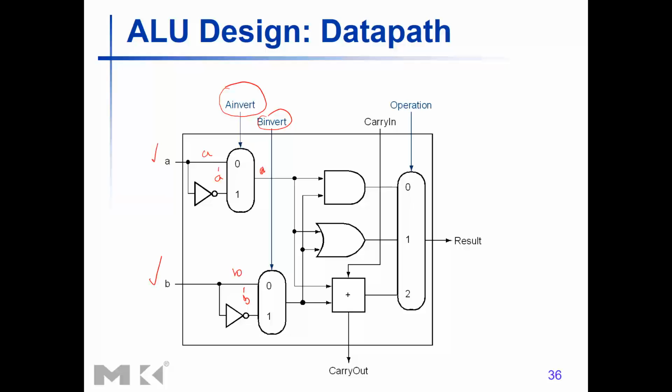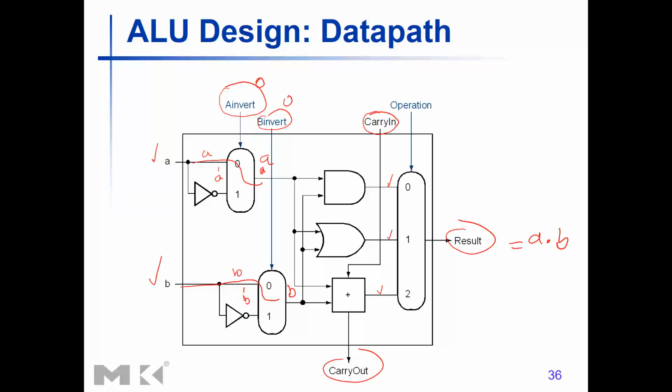We can AND the operands, OR them, or go through an adder, where the carry in is an input and the carry out is an output. The result we can choose as the output of an AND gate, an OR gate, or the adder. For example, if I want the result to equal A and B, I need to select A and I need to select B, so this should be a value of 0, and this would be a value of 0. Now I have A and B.